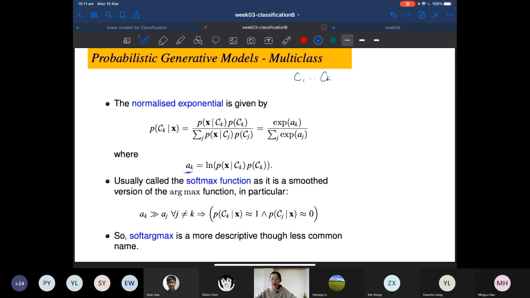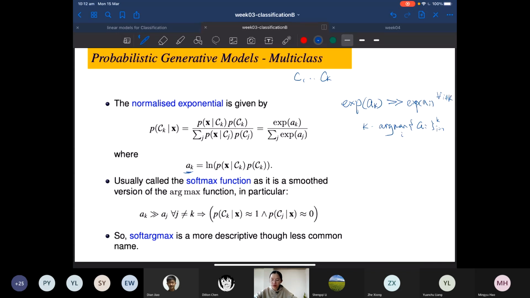What this means is that if A_k is the maximum, or k is the argmax of all A's, then exp of A_k is going to be a lot greater than exp of A_i for any i not equal to k.